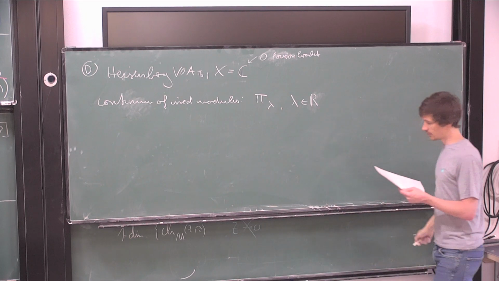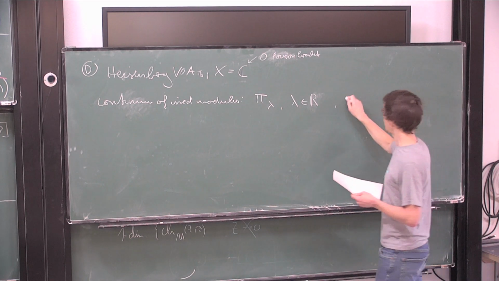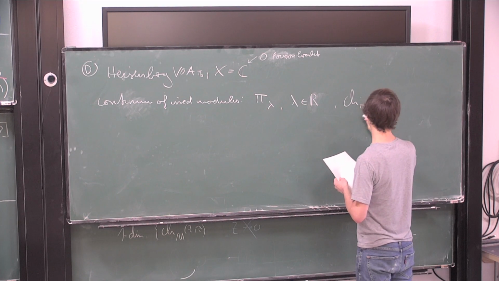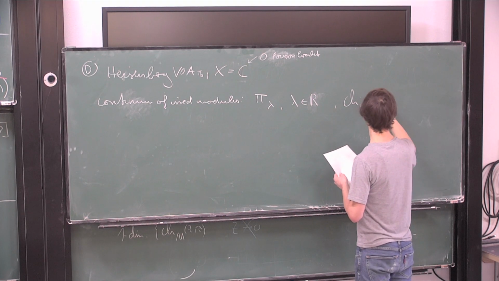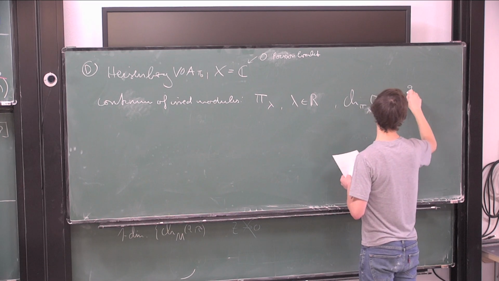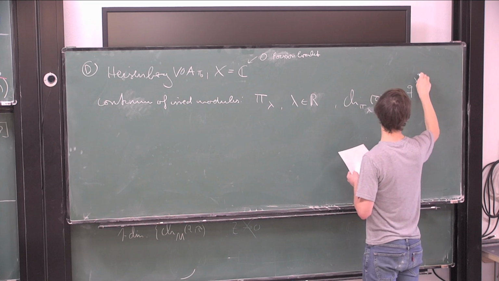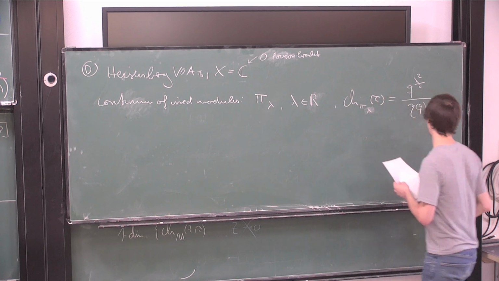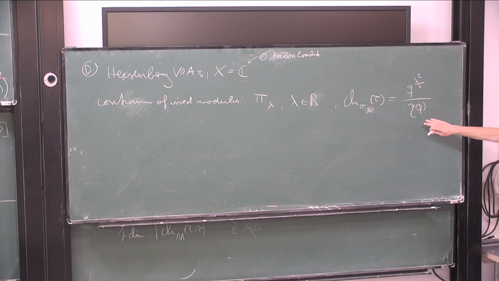Otherwise, my argument is not going to work in a second. And what do the characters look like? They're of the form q to the lambda squared over 2, divided by eta of q. So you have eta, which is okay, but then you just have a single q exponent with some power. So this is of course not modular.